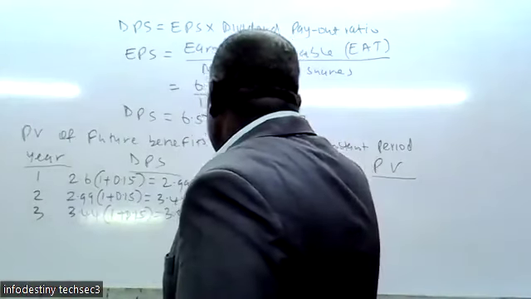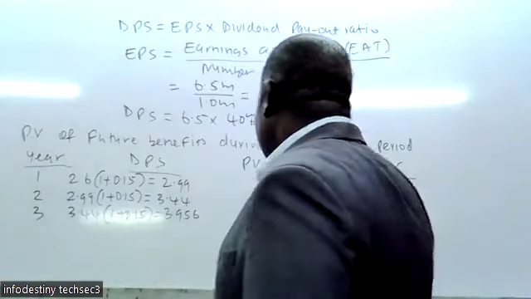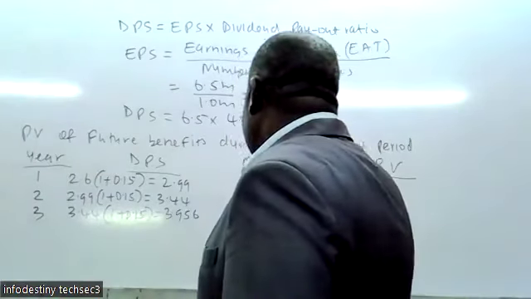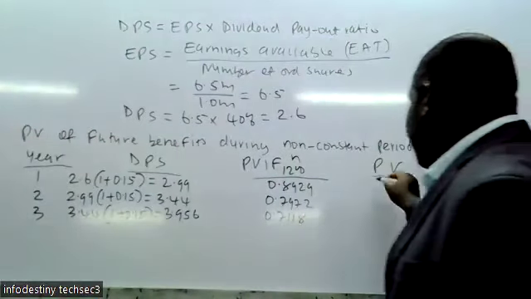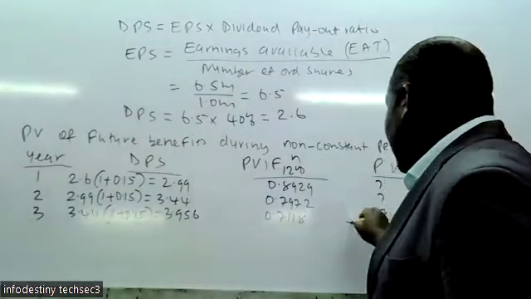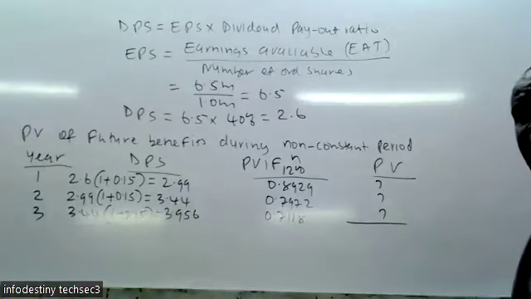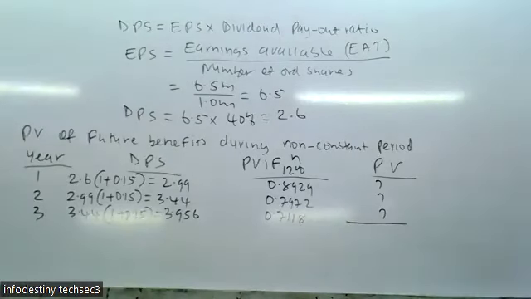How about year two? Then year three. So multiply by those figures to get the present values. Add them together to get the present value of the future benefits during the non-constant period.